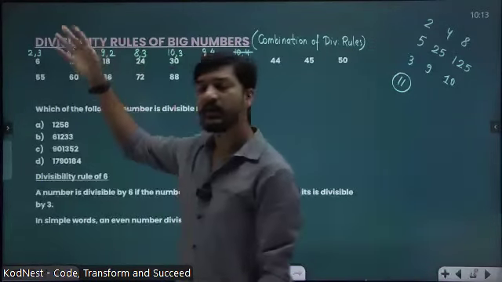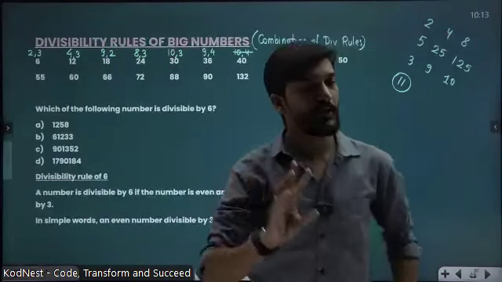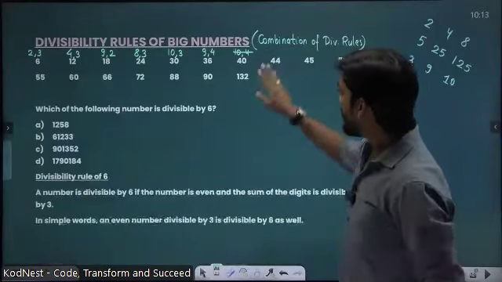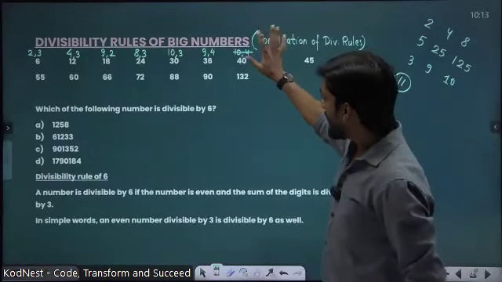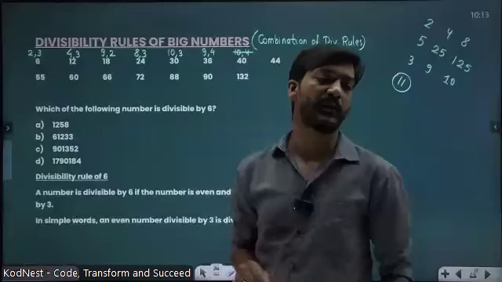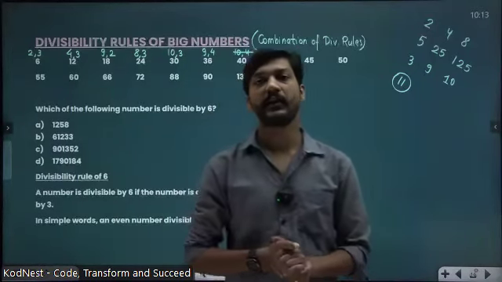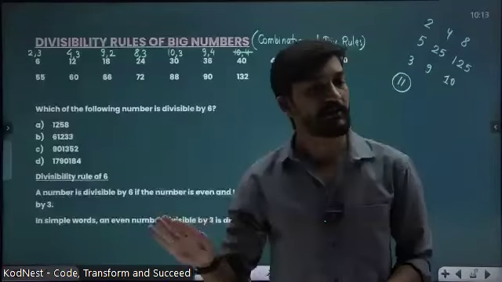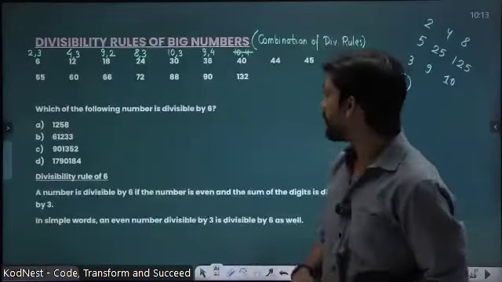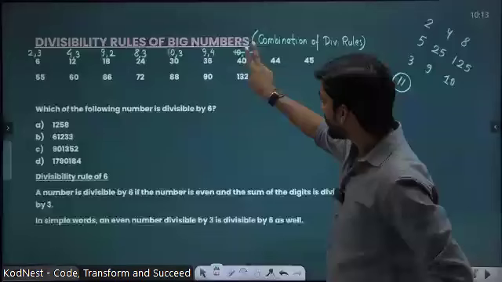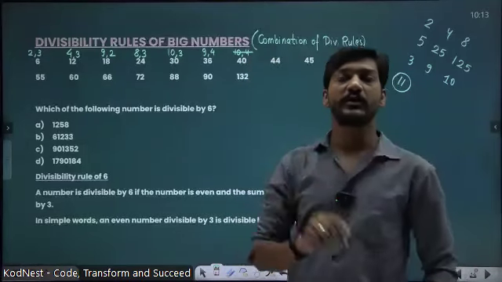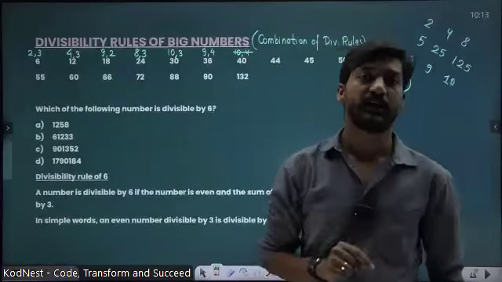For 40, you are saying 10 and 4 and 8 and 5, so two possibilities. We have to take those possibilities in which nothing is common. So 4 and 10 have a common factor, which is 2. That's why you will not take it.